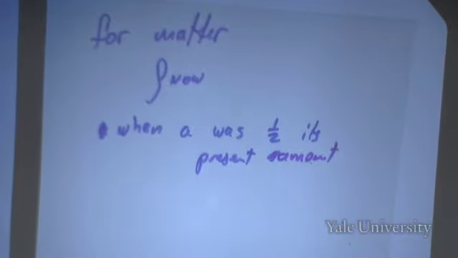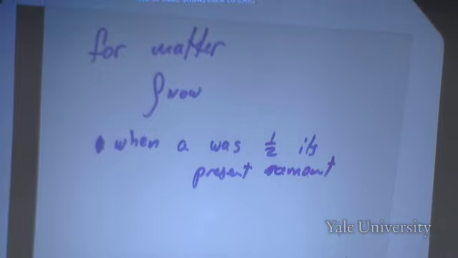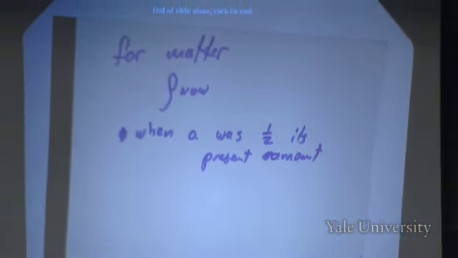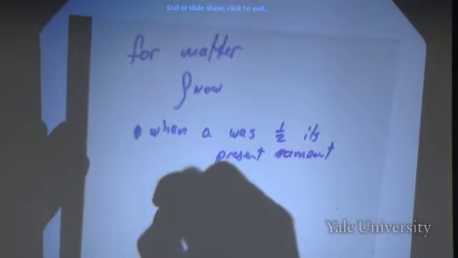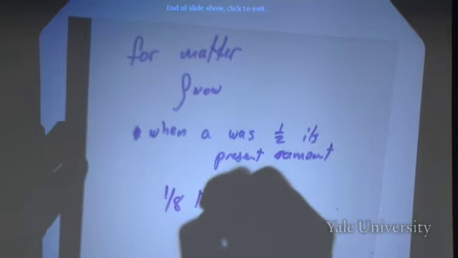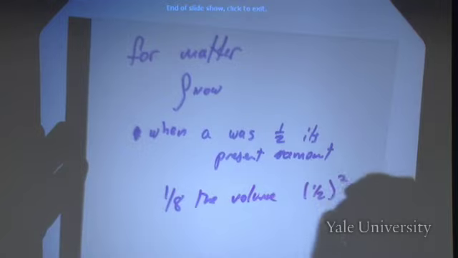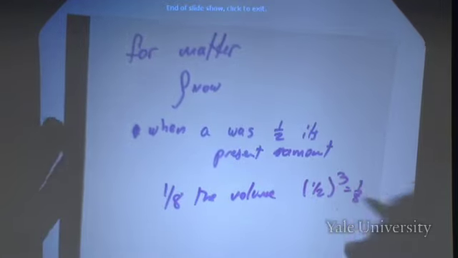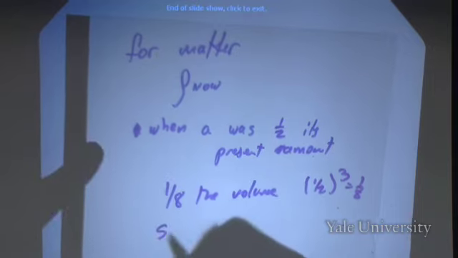Of course you have the same amount of matter in the universe. Matter in general doesn't get created, or at least you have the same amount of matter plus energy. So you go back to when you have the same amount of matter, but it's in half the size, by which I mean 1/8 the volume, right? Half cubed is an eighth. And so if I reduce the linear scale of the universe by a factor of 2, I have 1/8 the volume, but the same amount of matter.